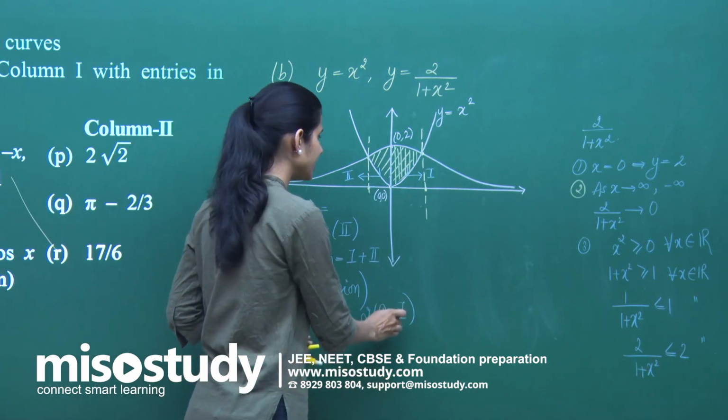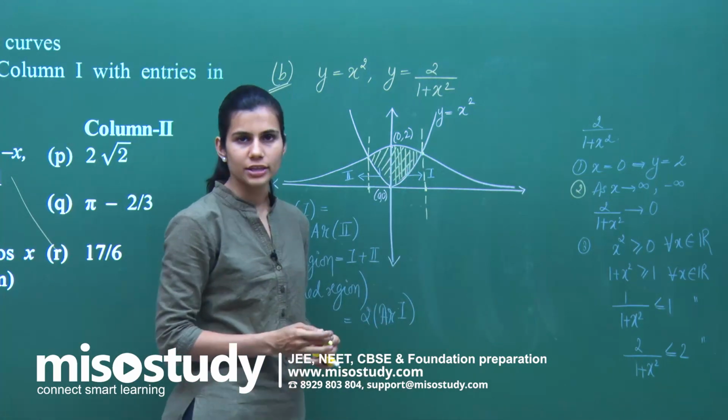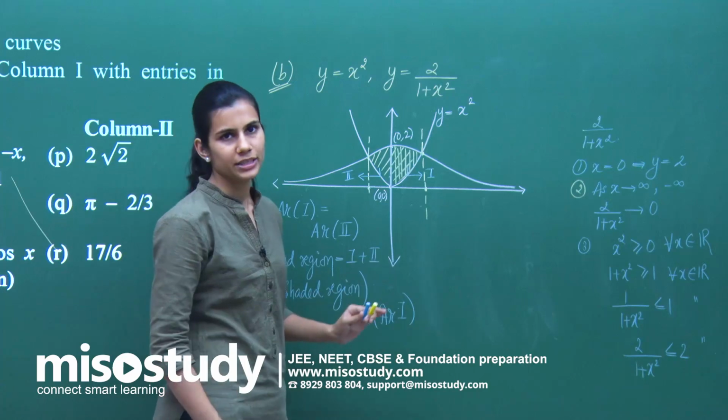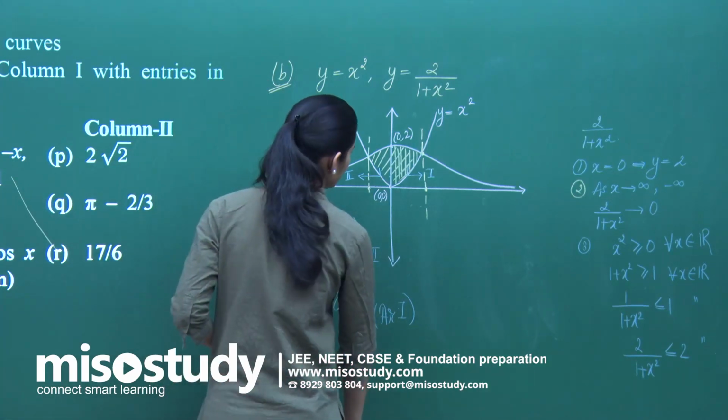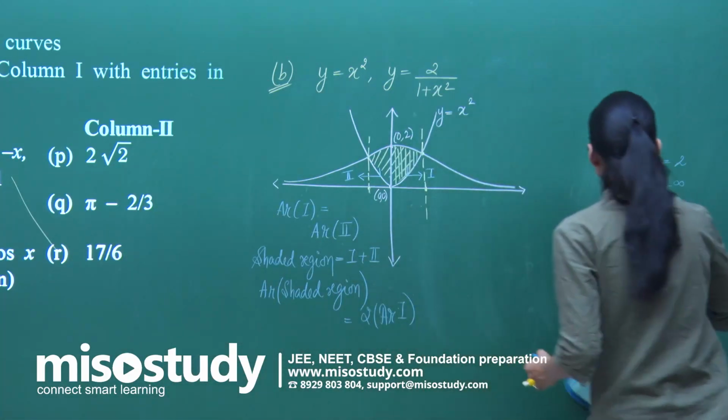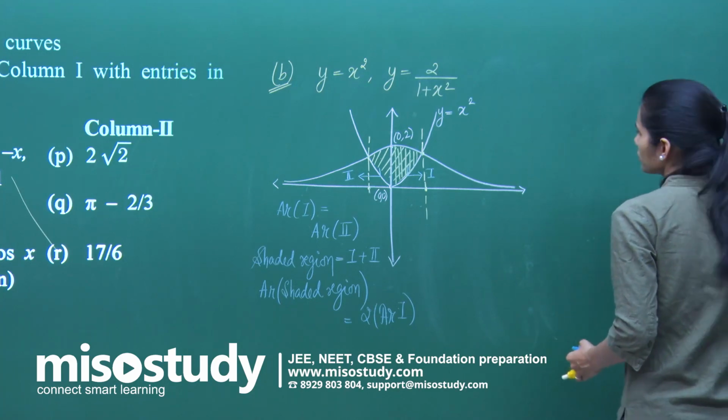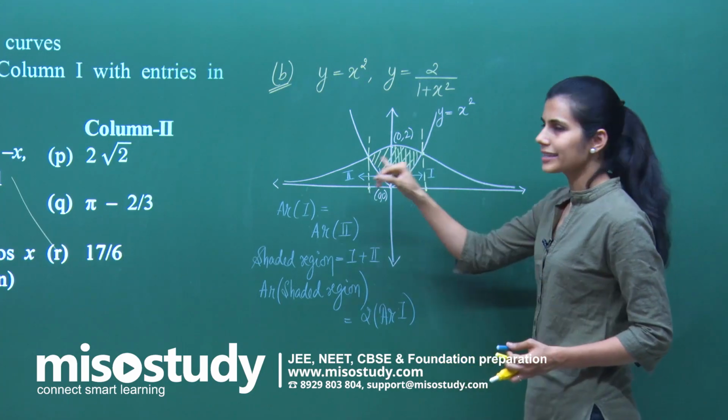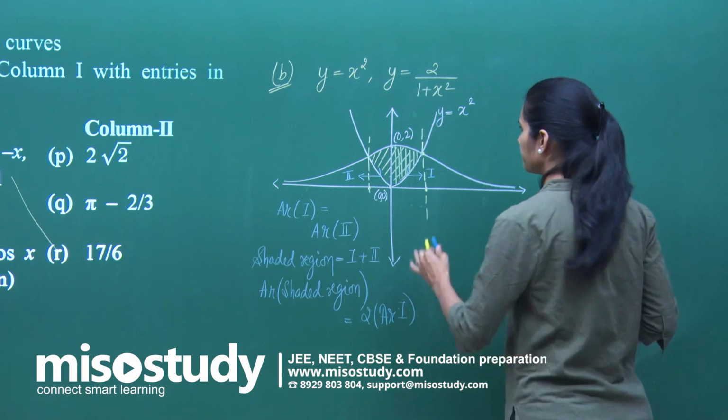If I find the area of this first shaded part and double it, I will get the area of the complete shaded region. After realizing what the graph is and coming to know the shaded region whose area you need to compute, my interest is in calculating the points of intersection.